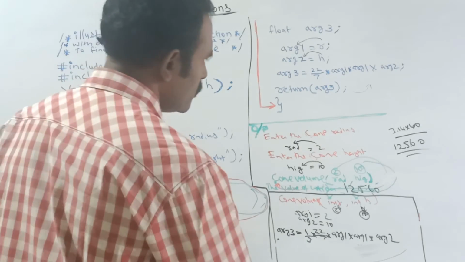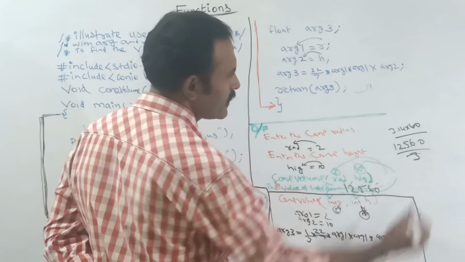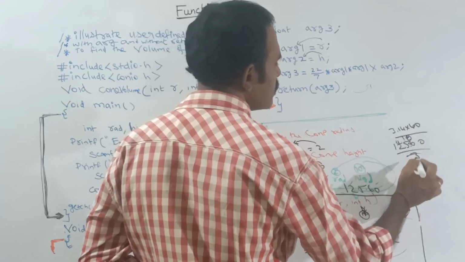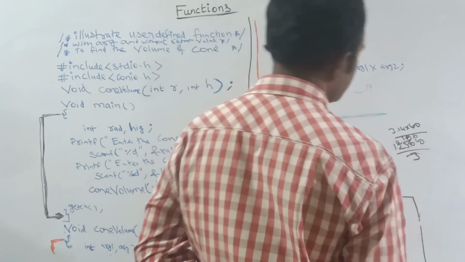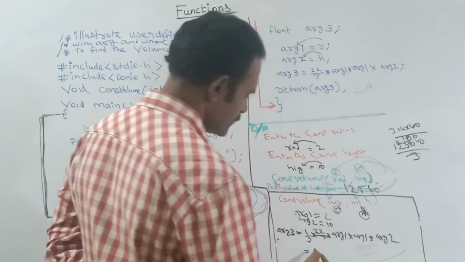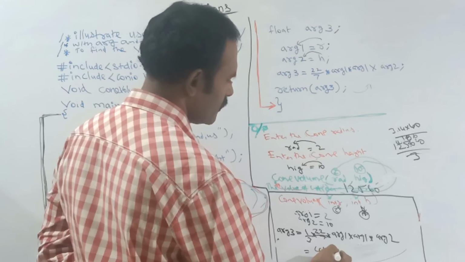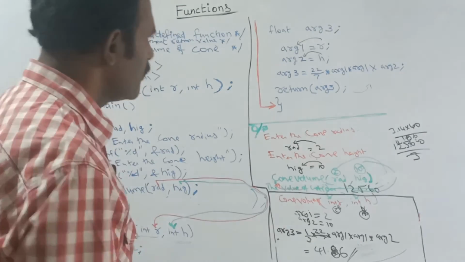So this result will be divided by 3. So the answer is 41.86. 41.86, this is the answer.